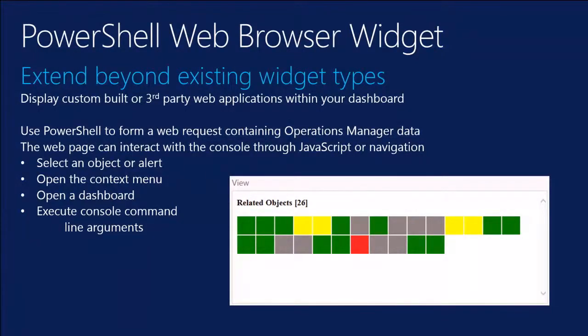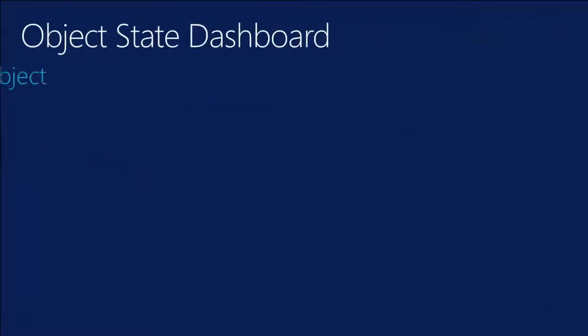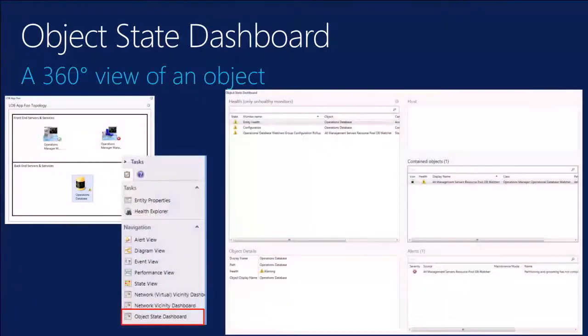And so that brings us to the end of the new widgets, but there is one more thing that's worth talking about, and that's the object state dashboard. This is not technically a widget, but it is a dashboard template. What this allows you to do is get what we call a 360-degree view of a single object.